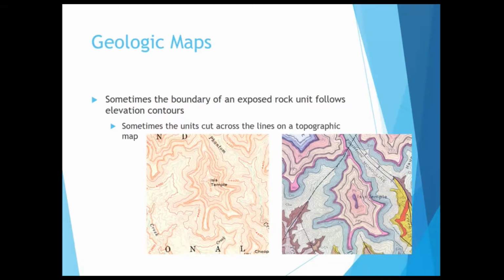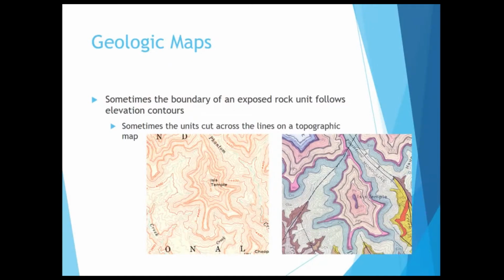Sometimes the boundary of an exposed rock unit follows elevation contours. Sometimes the rock units cut across the lines of the topographic map. This tells us something about the structures. This tells us about the rock units.